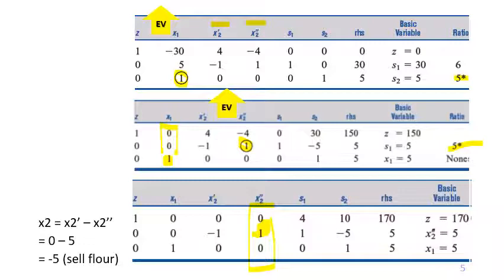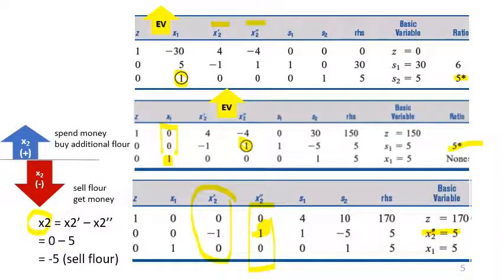Now you can see that the value of x2 prime is 0 because it is a non-basic variable. And then the value of x2 double prime equals 5. It means that our original x2 variable equals the value of x2 prime, which is 0, minus the value of x2 double prime, which is 5.